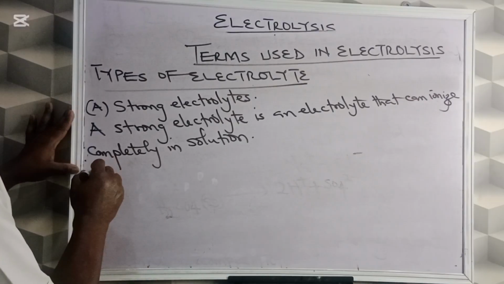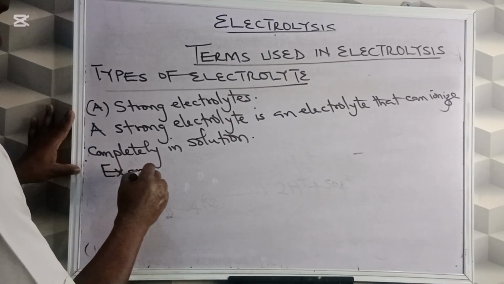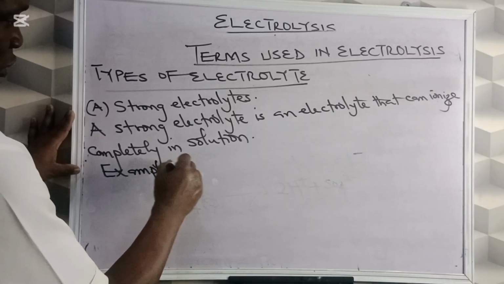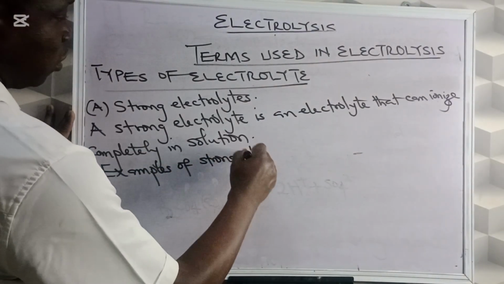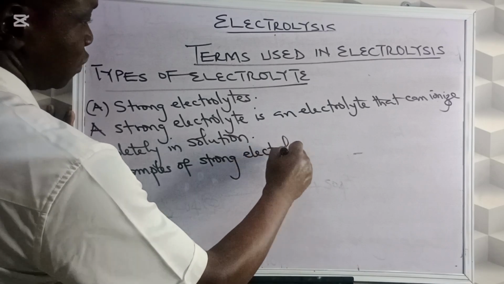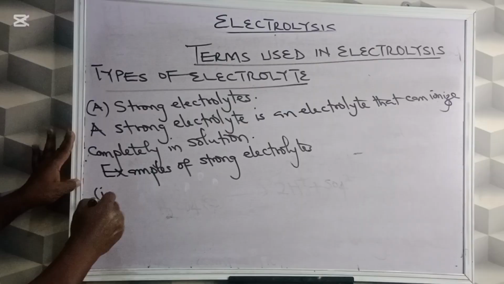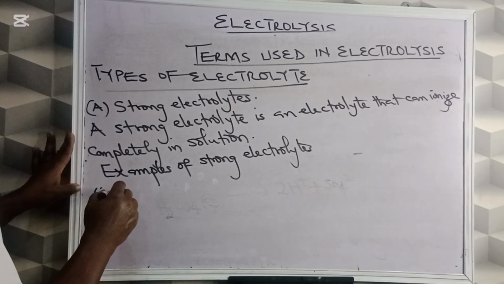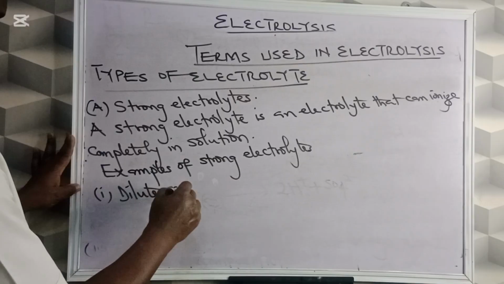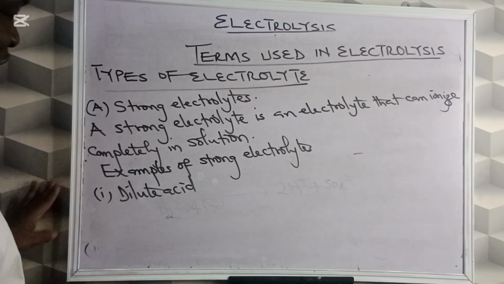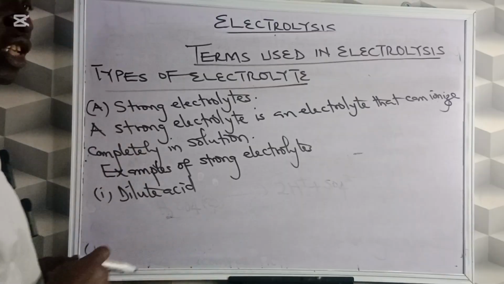So examples of strong electrolytes. We have one: dilute acids, both mineral and organic acids, but organic acids are generally weak electrolytes.